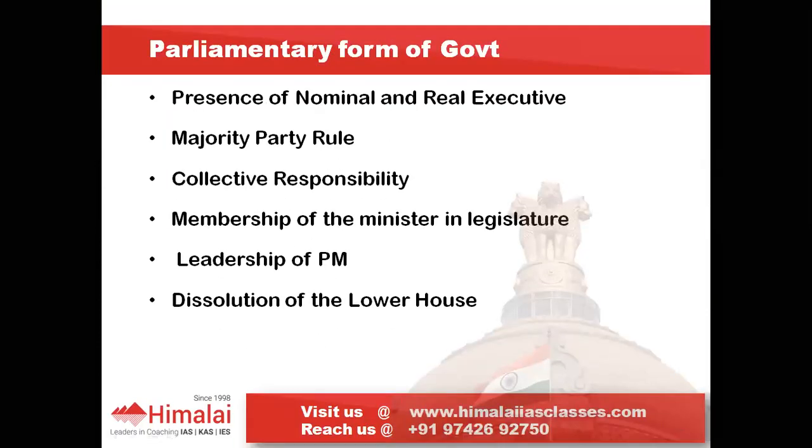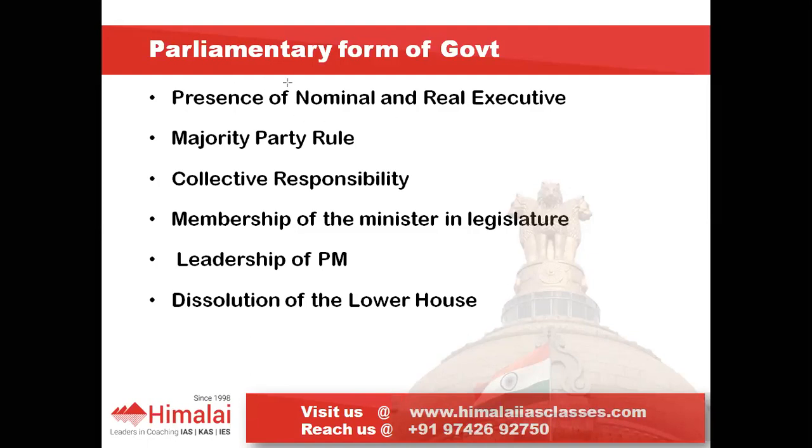Moving ahead, our constitution has opted for the parliamentary form of government. In the modern democratic system, any country or society usually opts for either a parliamentary or presidential form of government. The presidential form is what the United States has, and the parliamentary form is what Britain or India has opted for. There are some features by which you identify a parliamentary form of government in a country.